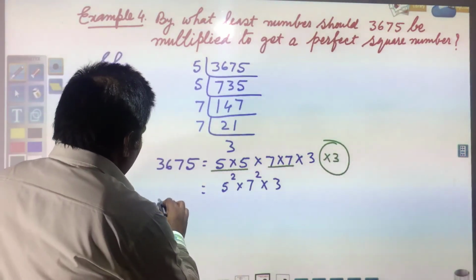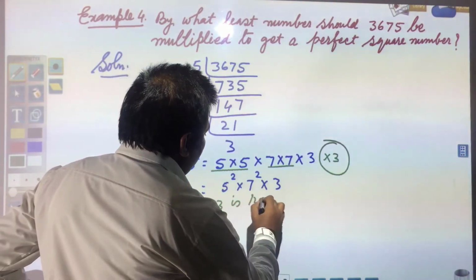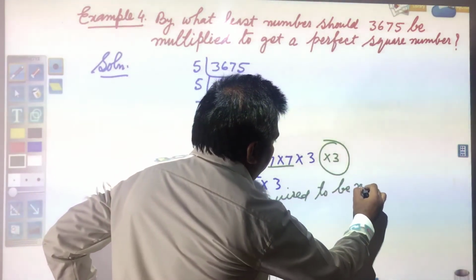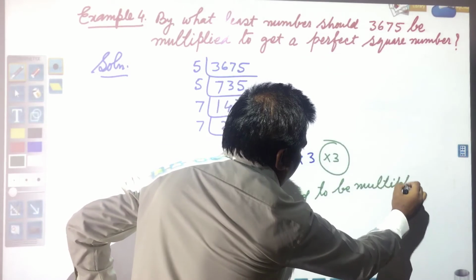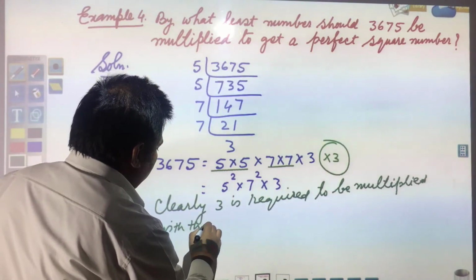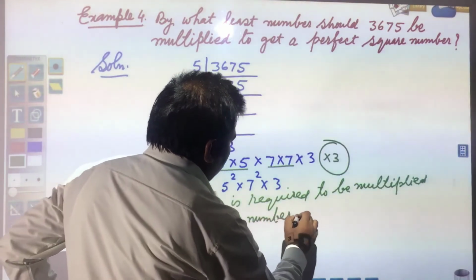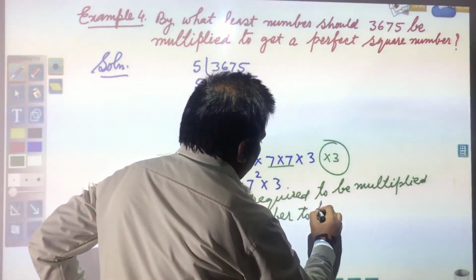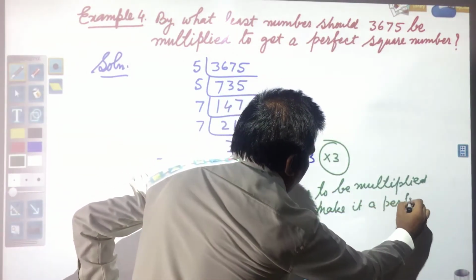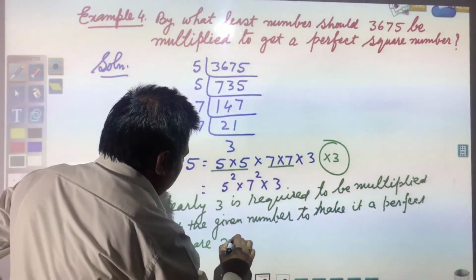So you can write clearly: 3 is required to be multiplied with the given number to make it a perfect square number.